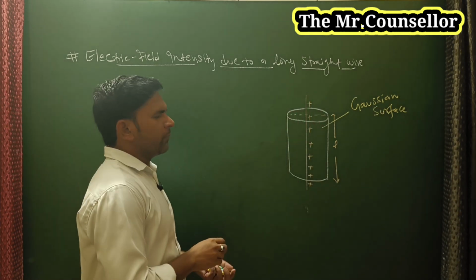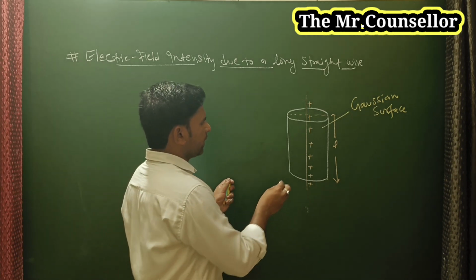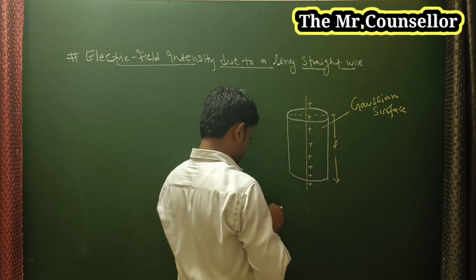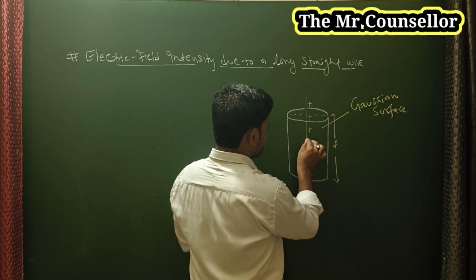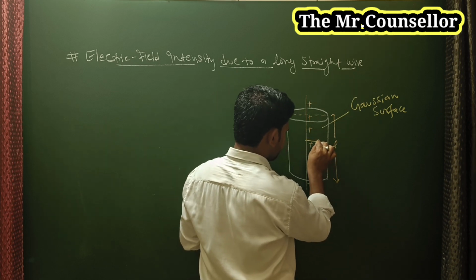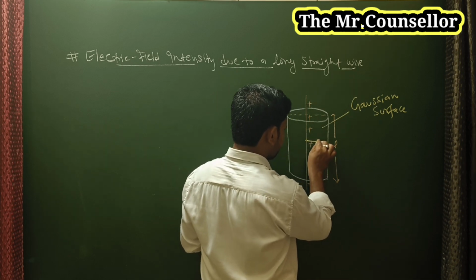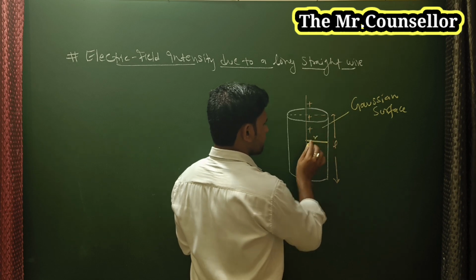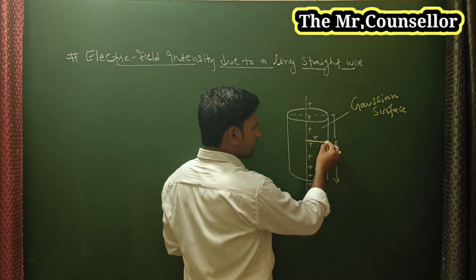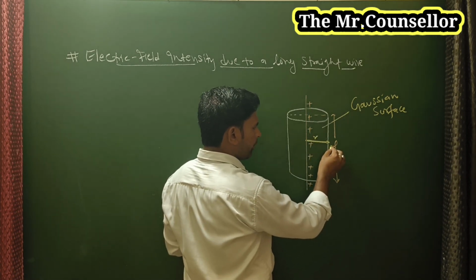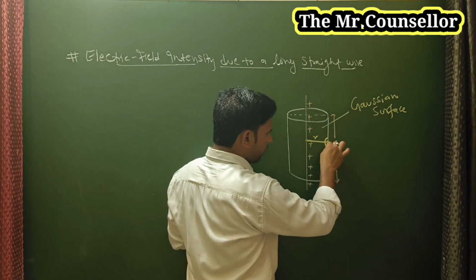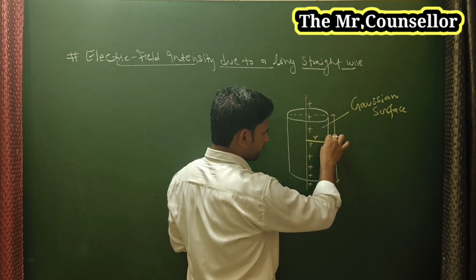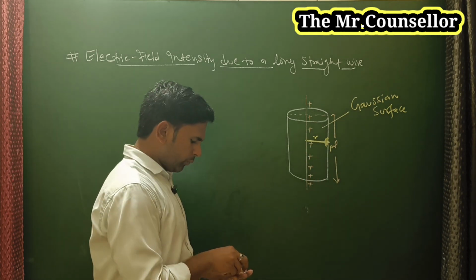Suppose you consider from here to here, at distance r, one point P, and at this corner you take one small element of area like this. Yes or no?